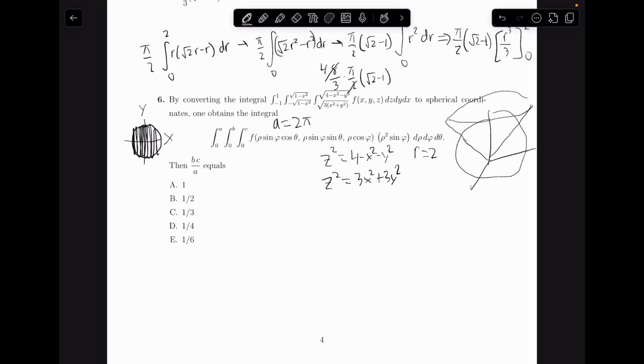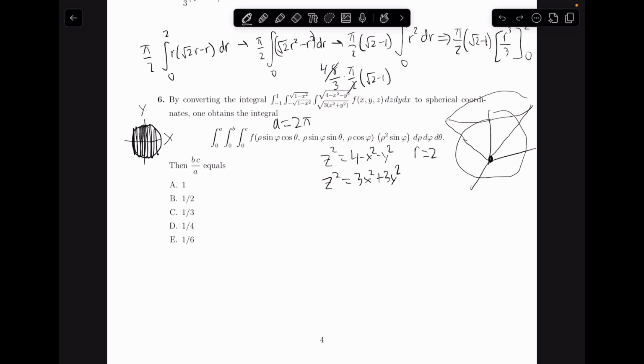The cone goes forever to infinity, but the sphere does not. So if we think about rho, it's the 3D distance from our origin. It's not governed by the cone at all. It's governed really just by the sphere, nothing else. The cone is going to govern our C value, but we're going to deal with that later.